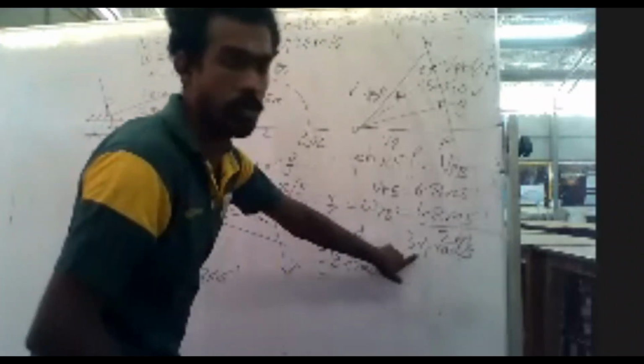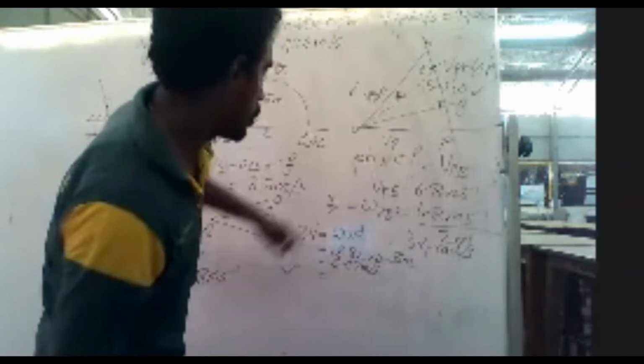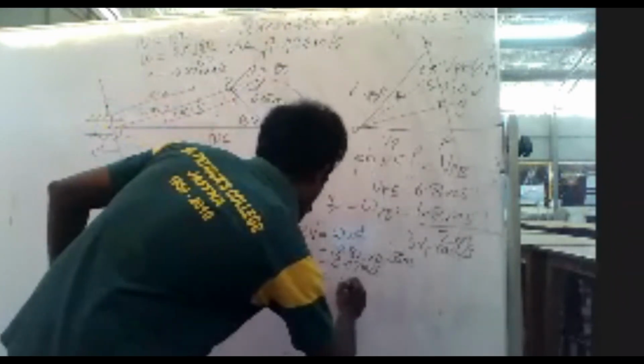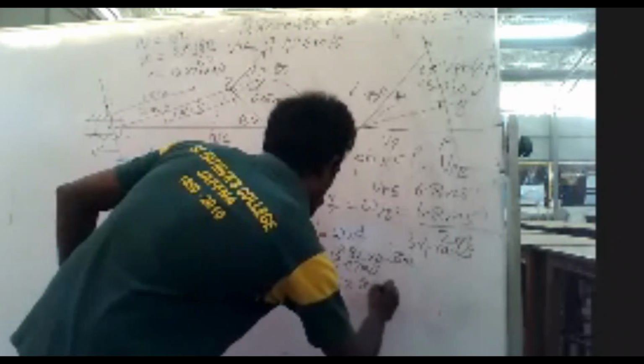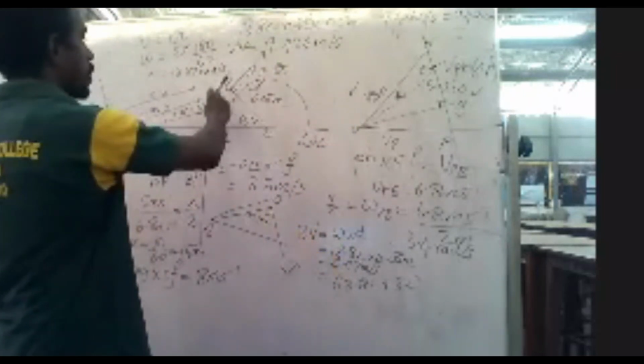EB is 3.4 and this is given 18.82. So 18.82 plus 3.4, put the unit, into the radius of the pin.